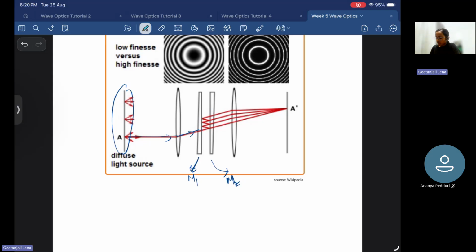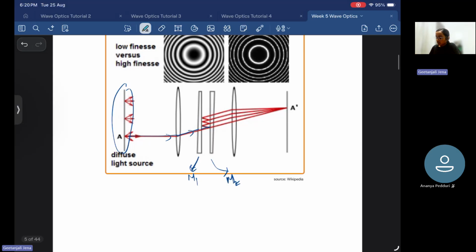So whatever light is incident on M1 gets reflected, but for M2, whatever light is incident, some part gets reflected and some part gets transmitted. On the right hand side, we have another lens to converge these multiple beams towards the detector position.